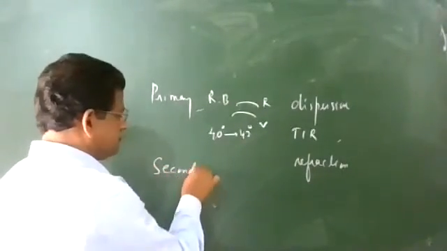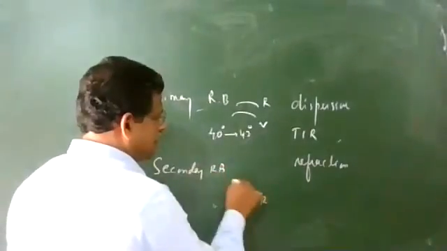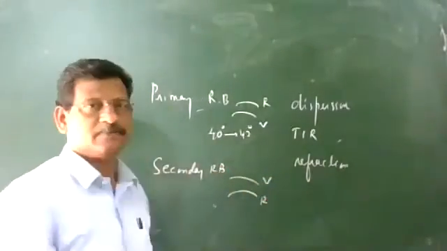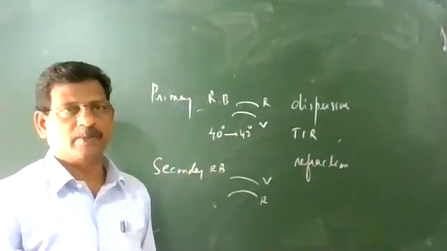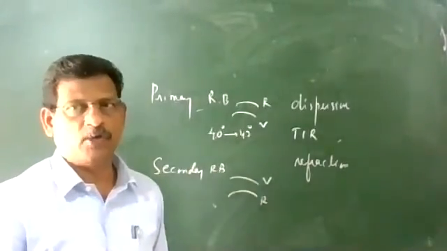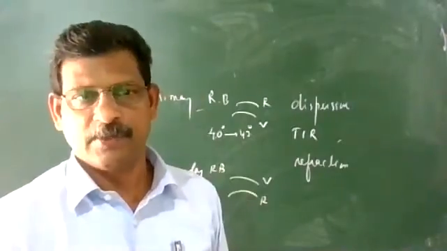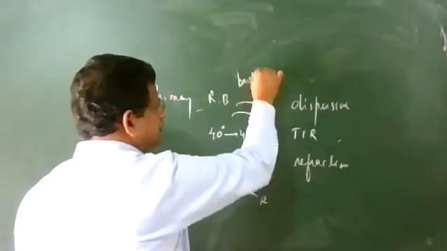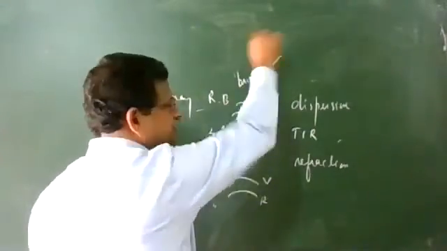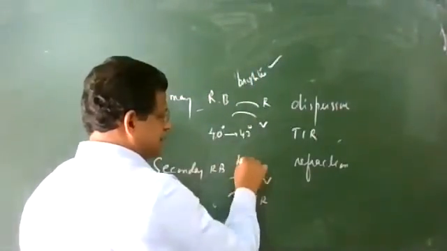Secondary rainbow: the inner one is red, the outside one is violet, and it can be observed at approximately 50 to 52 degrees from the initial direction. The primary rainbow is brighter, with good intensity, and the secondary rainbow is comparatively less bright.